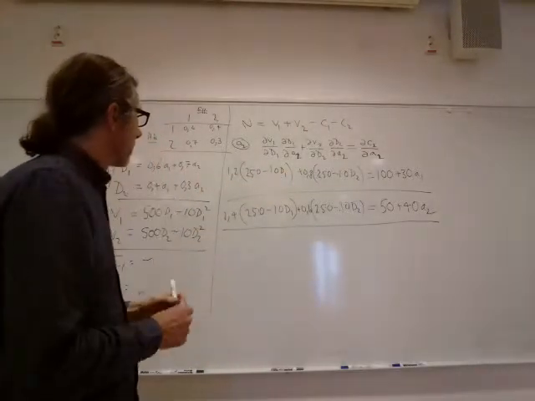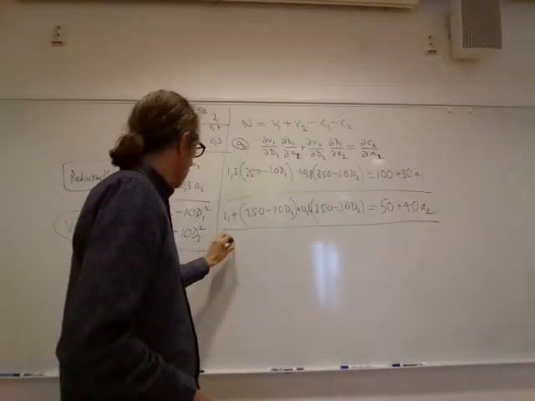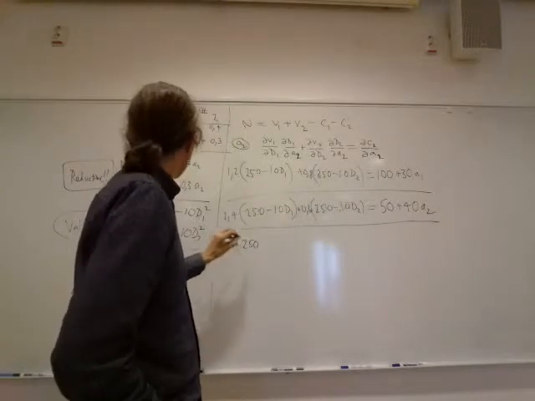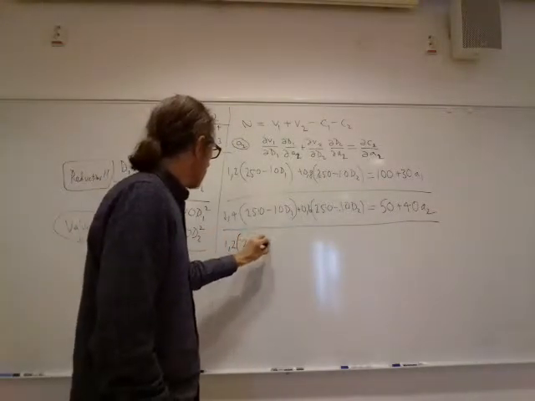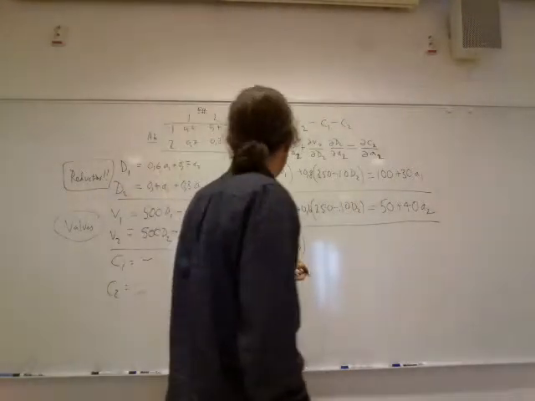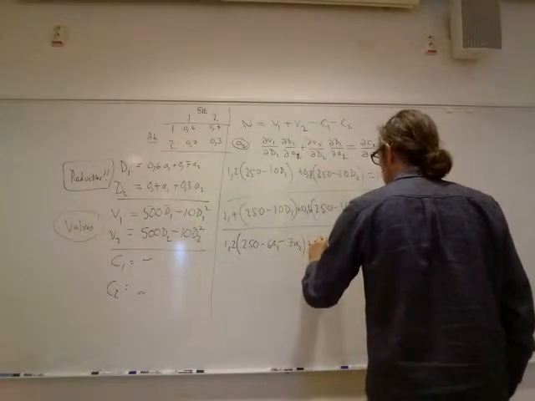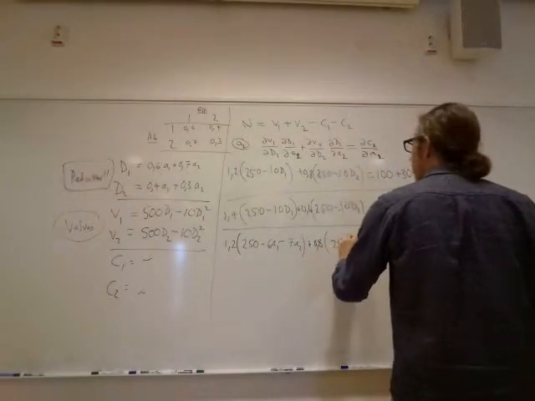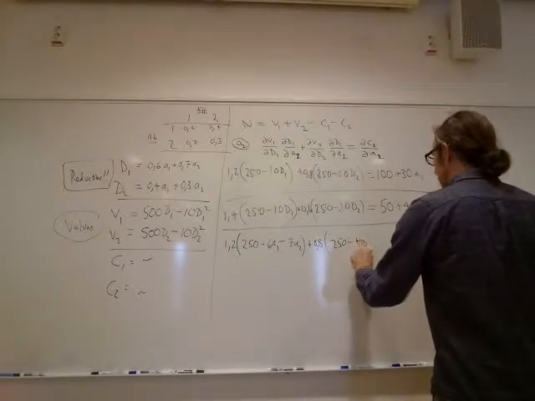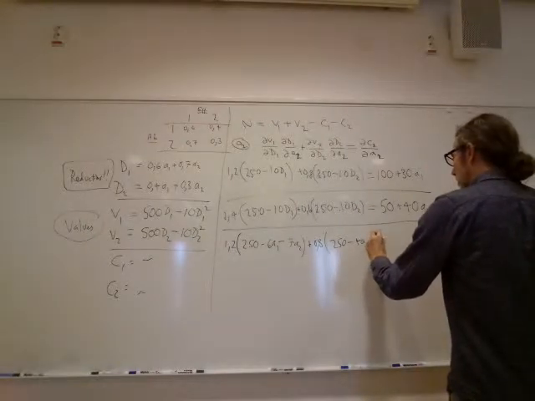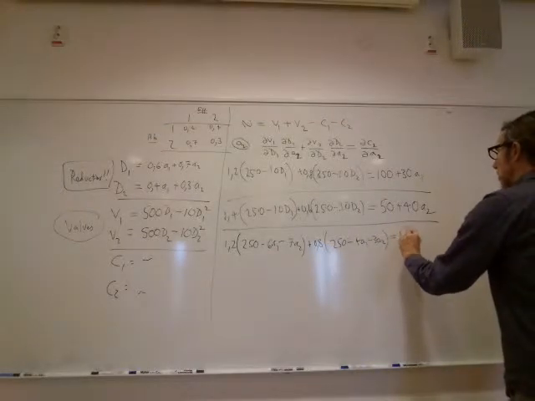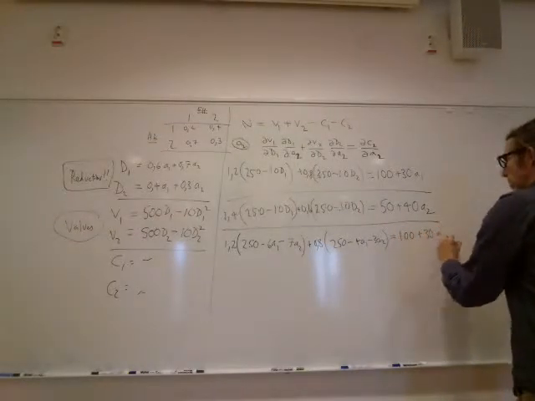This is going to reduce my chances of making horrible errors, because these 10s are nice and straightforward. So going on the first one, we've got 1.2 times 250 minus 6A1 minus 7A2 plus 0.8 times 250 minus 4A1 minus 3A2 is 100 plus 30A1.